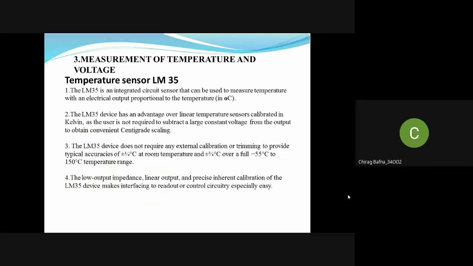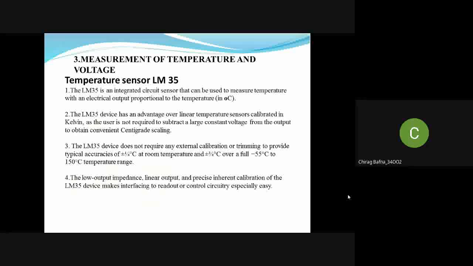The LM35 has an advantage over linear temperature sensors calibrated in Kelvin, as the user is not required to subtract a large constant voltage from the output to obtain convenient centigrade scaling. The LM35 requires no external calibration because it is internally calibrated. It outputs 10 millivolts for each degree of temperature.